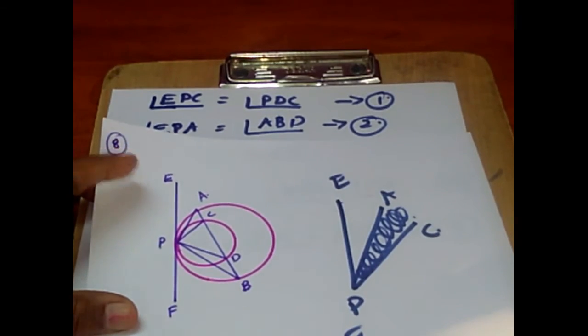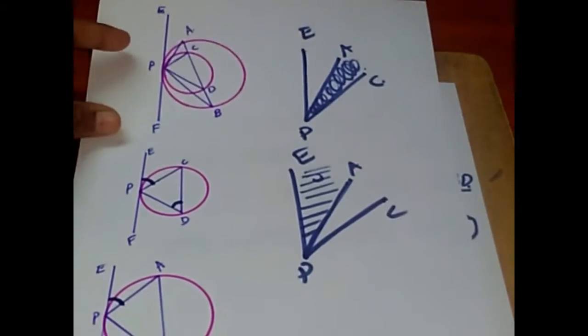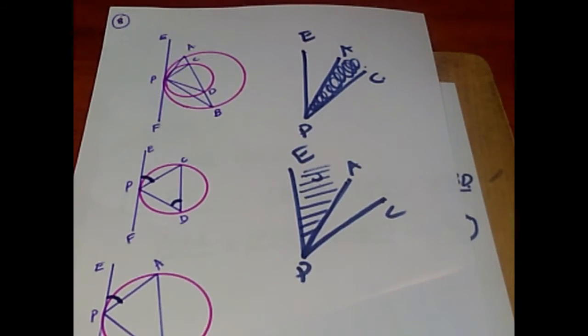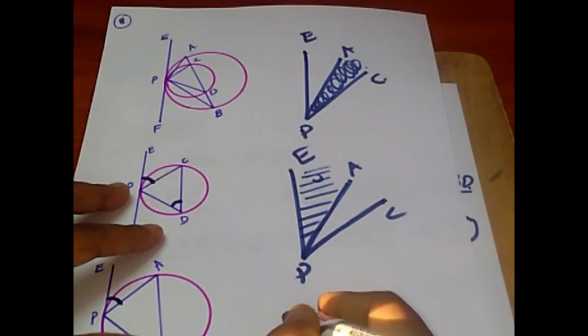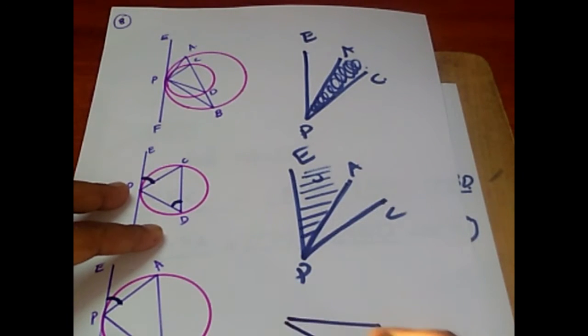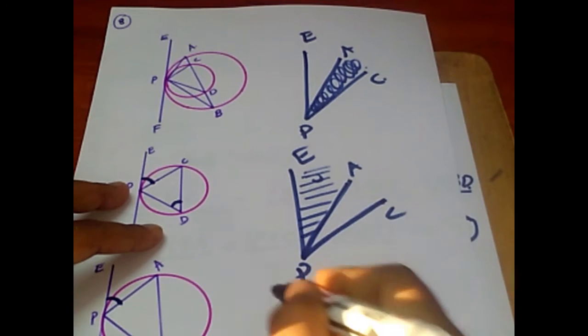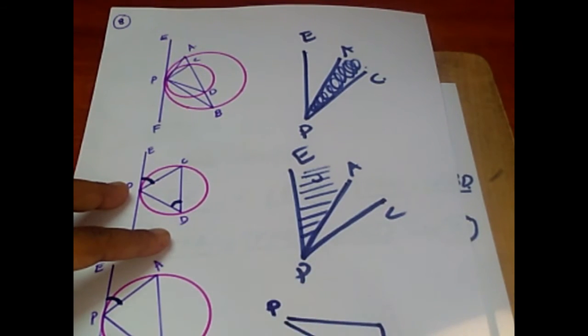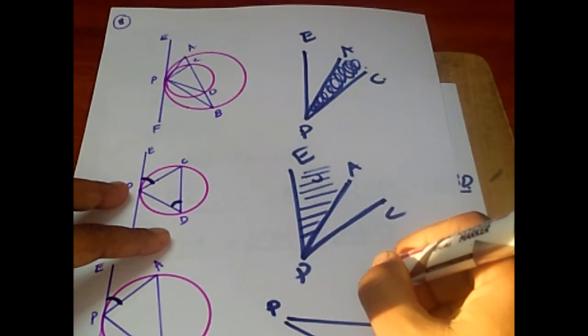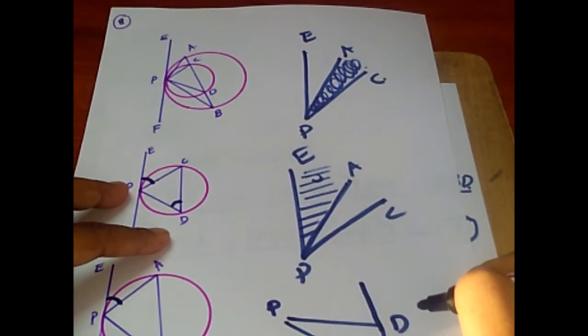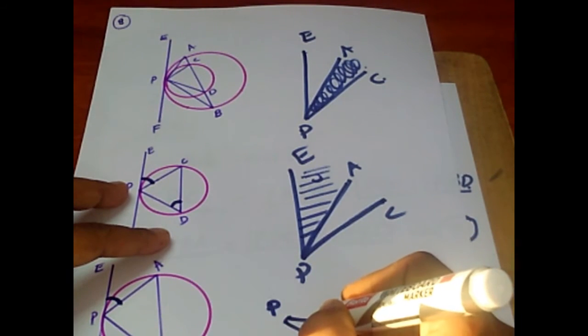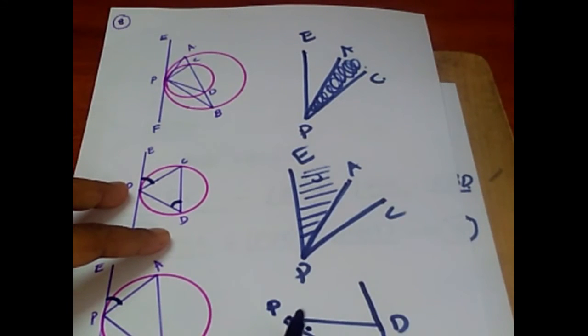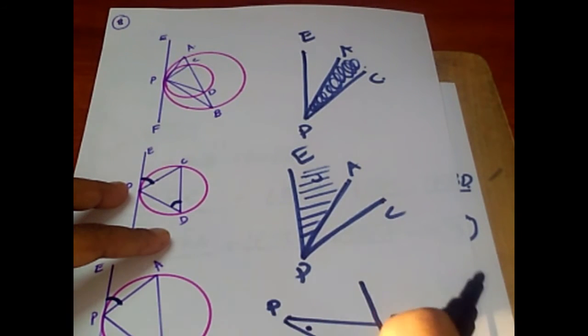Let us rewrite the diagram in a shortcut way. As my angles are of a triangle, consider the triangle PBD. I need this angle, this is my required angle DPB.